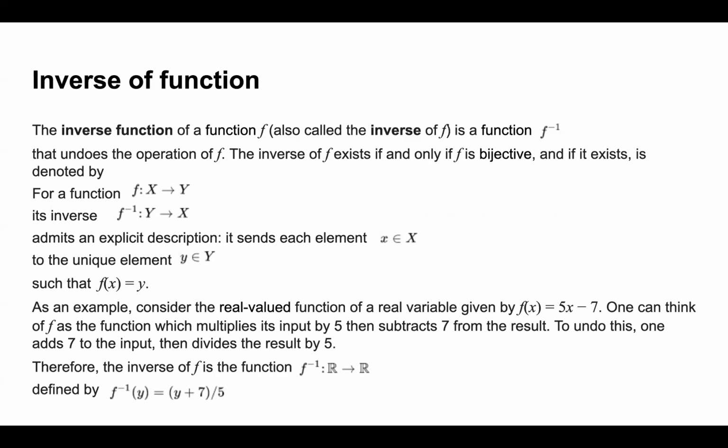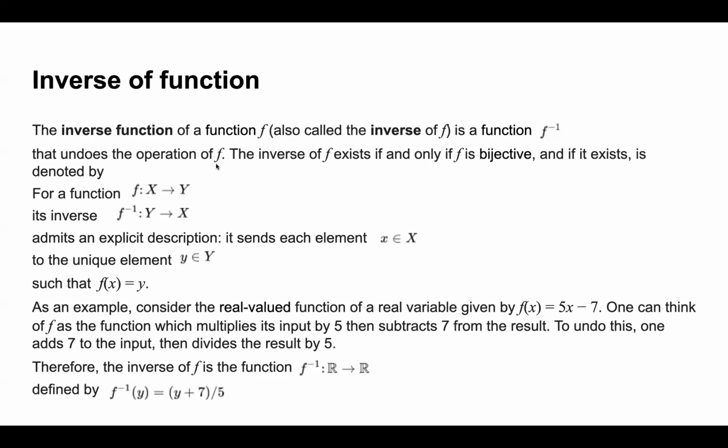The inverse of a function f, also called inverse of f, is a function f inverse. You can see here f inverse, f raised to -1, that is f inverse. What it does is undo the operation of f.